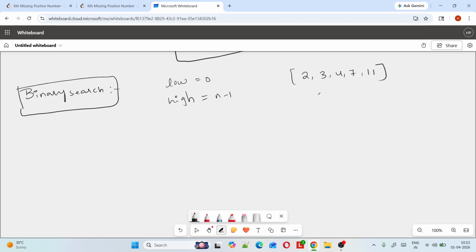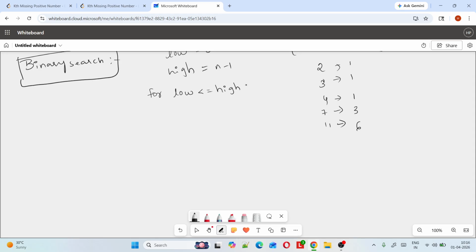So for 2, 3, 4, 7, 11, the count of missing numbers before each element is 1, 1, 1, 3 and then 6. Now, while low is less than or equal to high, you have to calculate mid first.